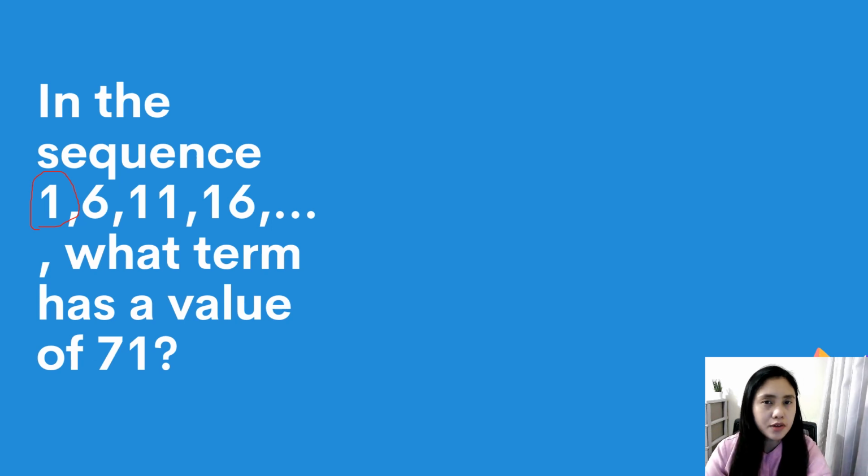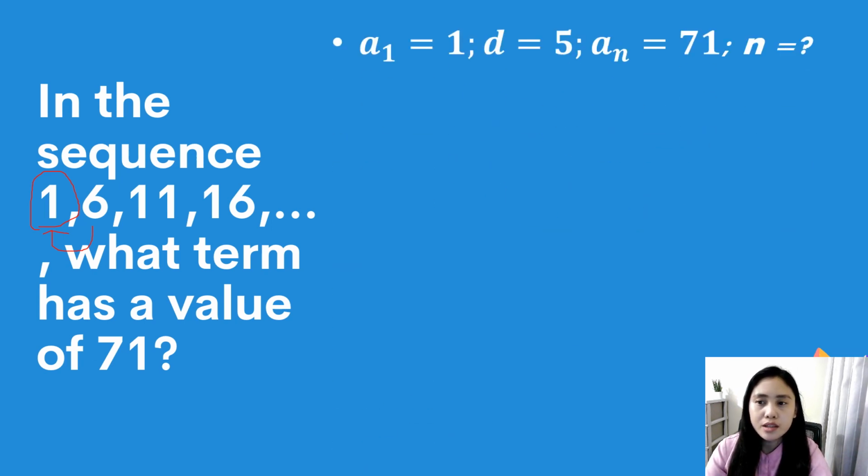The common difference is 5 because 6 minus 1 is equal to 5. Then, we also have the last term, which is 71. And we're looking for the value of n that will tell us the order of the term 71. N ang magsasabi kung pang ilan sa sequence si 71.